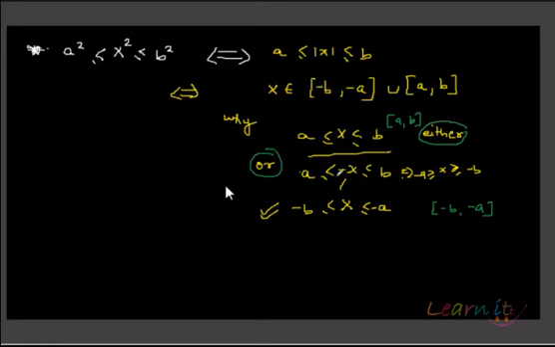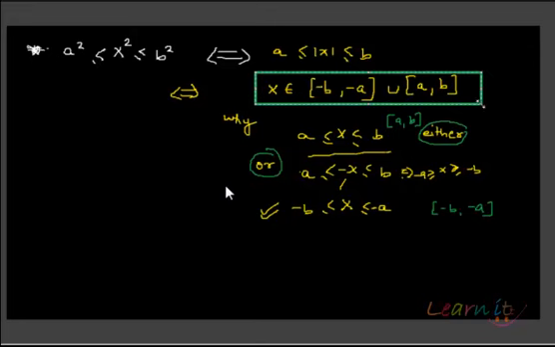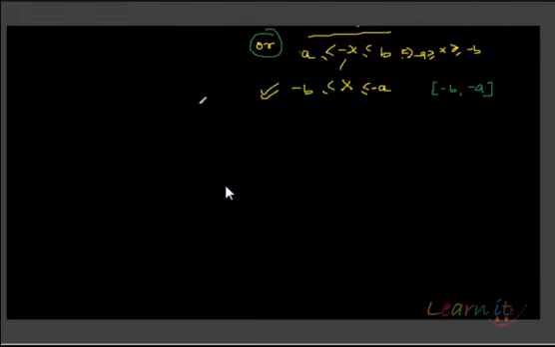They can be equal also, so endpoints are there. So minus b, minus a union a, b. That's what it will mean. So x can lie in either of these intervals in case modulus x is between a and b.